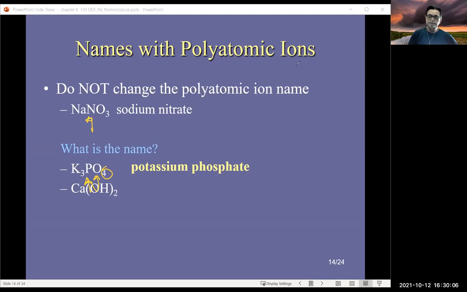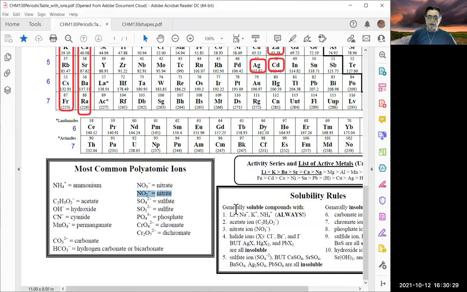The next one, it has a parenthesis. So a parenthesis should alert you to the fact that you have a polyatomic ion. So automatically you look and see you got oxygen and hydrogen. You go directly to the polyatomic ion table, look for oxygen, hydrogen, polyatomic ion, and sure enough, there you go.